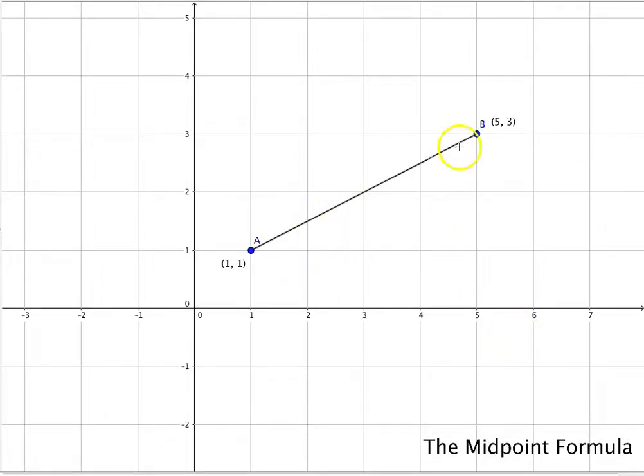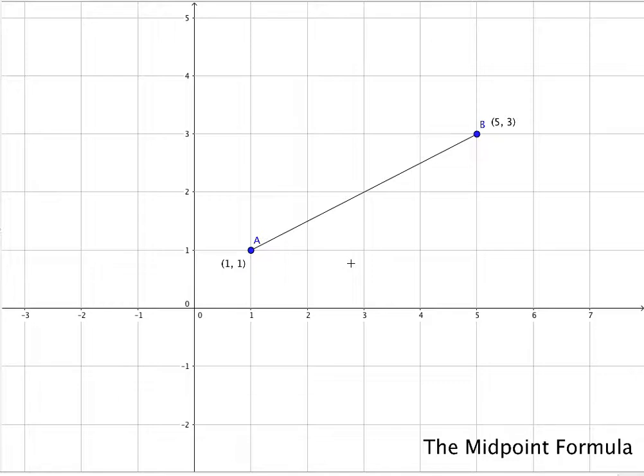I've drawn it in as a segment right here just for the sake of the example, but I could have just as easily drawn in a whole line, and I would still be looking for the midpoint that would be somewhere right around in here. See what I'm saying? It's right in the middle of point A and B. So we're not going to worry about the line. Just for the sake of the example here, we're going to just do a line segment, but you can do it with either.